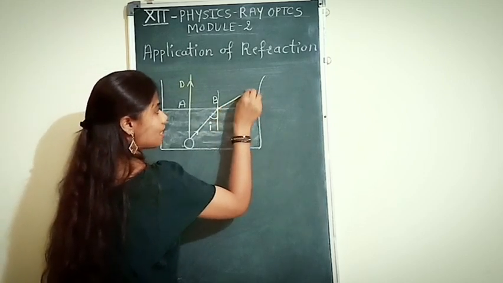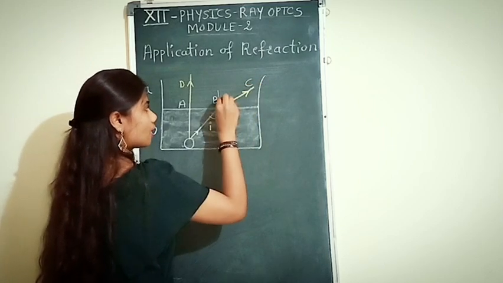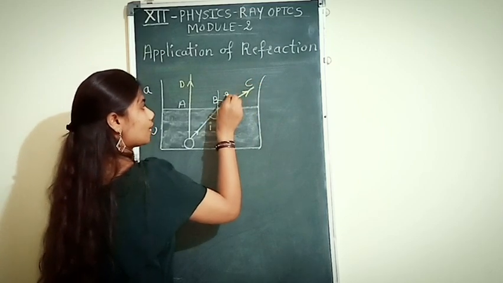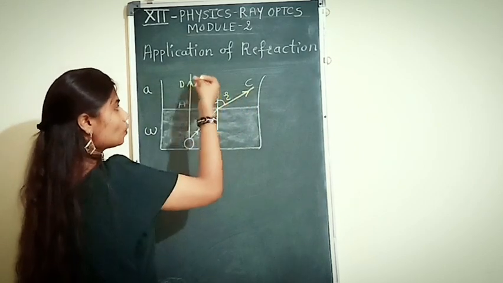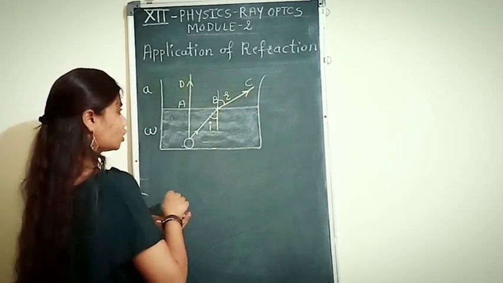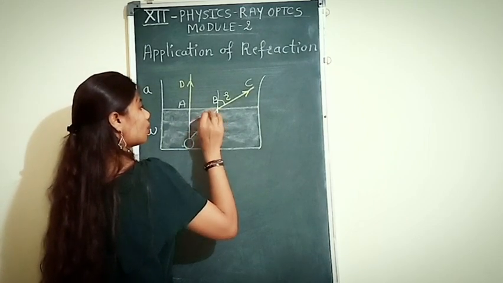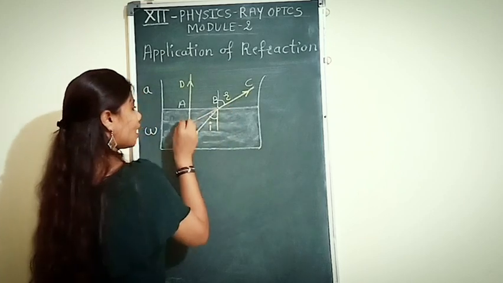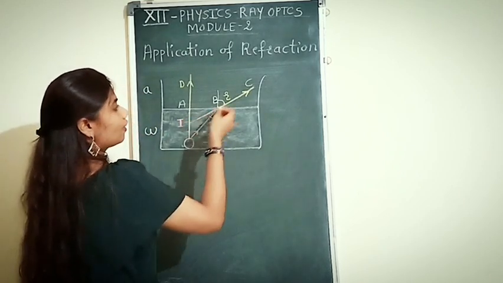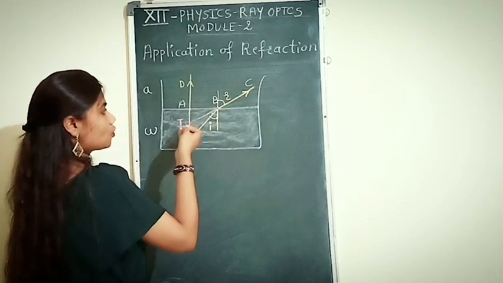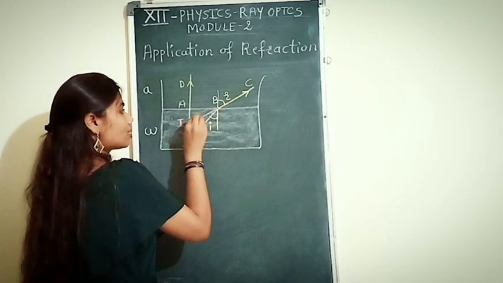It bends away from the normal along BC, making an angle of refraction. Now, both the refracted rays appear to diverge from a point I, and as the line is drawn straight back, it lies on the same line.